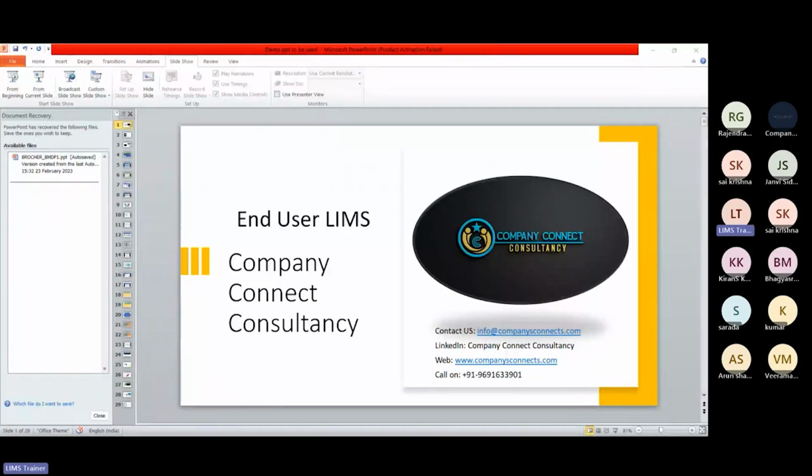So your knowledge will be applicable to all types of regulated industry, starting from clinical trials, pharmaceuticals, biotechnology, also the food industry, the chemical industry. So LIMS software can be applicable all over, and you can employ your knowledge there.